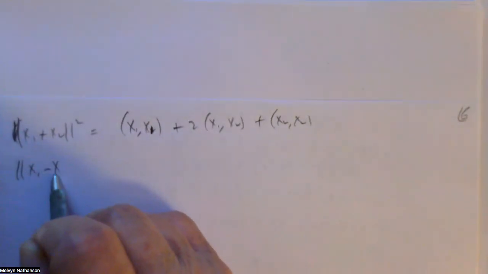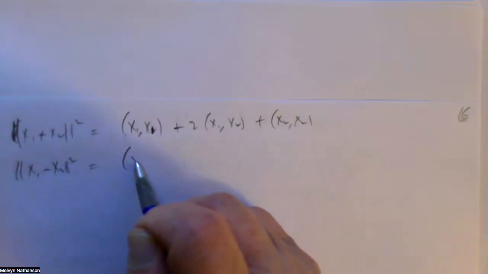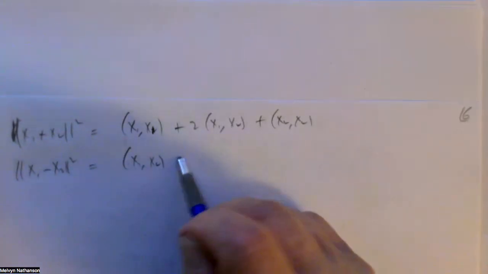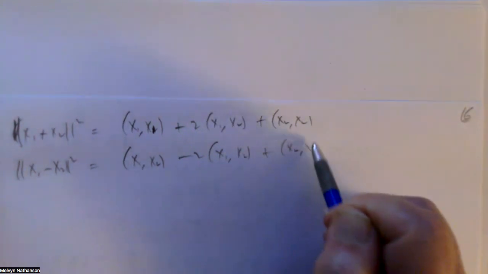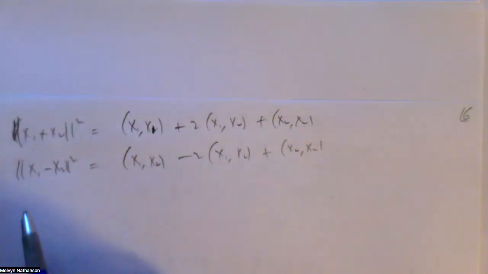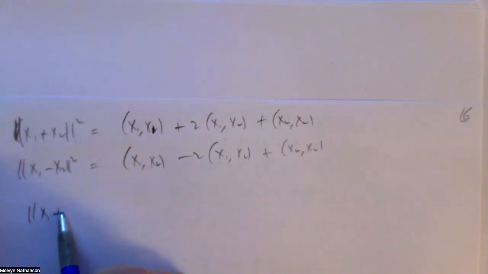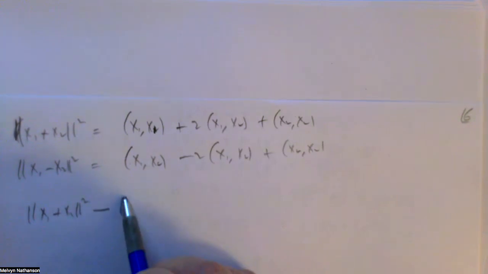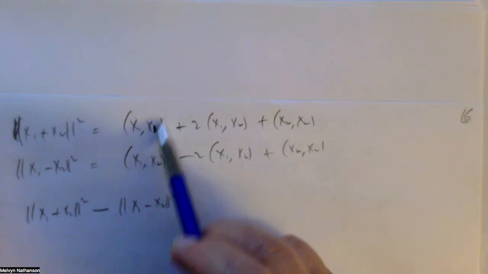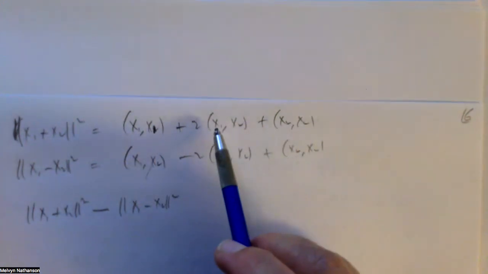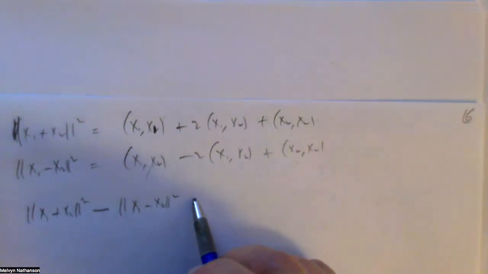And x1 minus x2 squared is ⟨x1, x1⟩ minus 2⟨x1, x2⟩ plus ⟨x2, x2⟩. So if I subtract the length of x1 minus x2 squared from the length of x1 plus x2 squared, these cancel and these cancel, and I get minus minus 2.